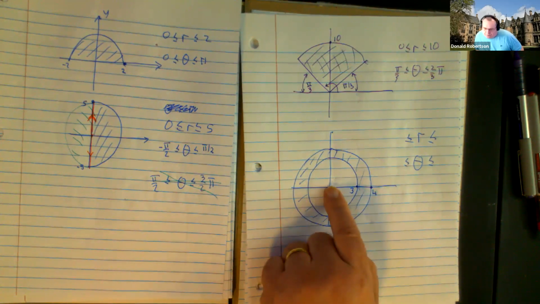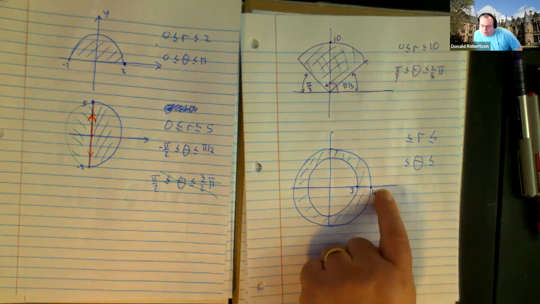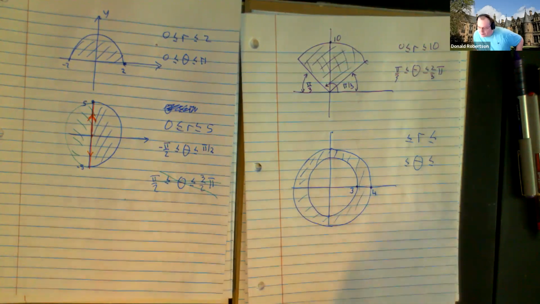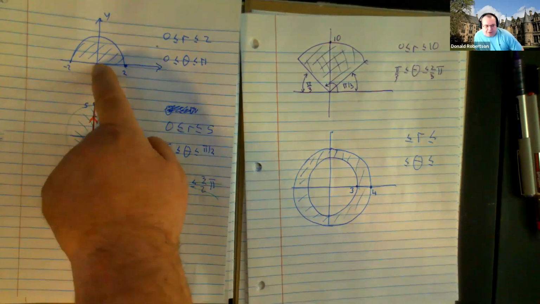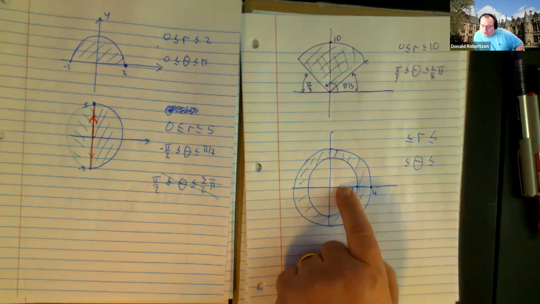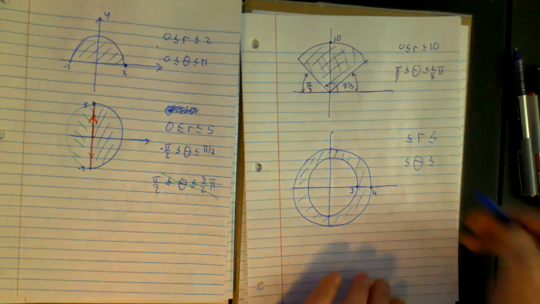Would it be 0 to 1? No, but I know why you did it, because 4 take away 3 is 1, so 0 to 1. No, R doesn't need to start at 0. It does in all these shapes because, you know, 0 is part of the shape. But in this case, you don't actually start at 0. Is it going to be from 3 to 4?